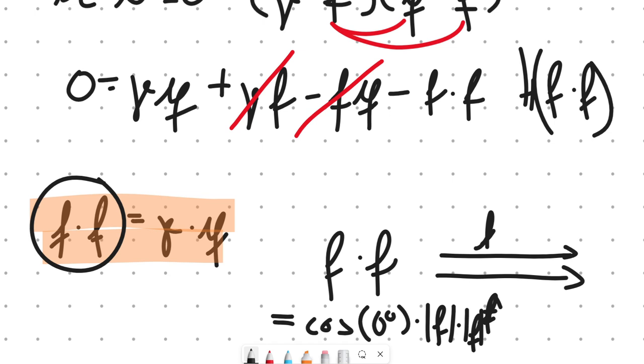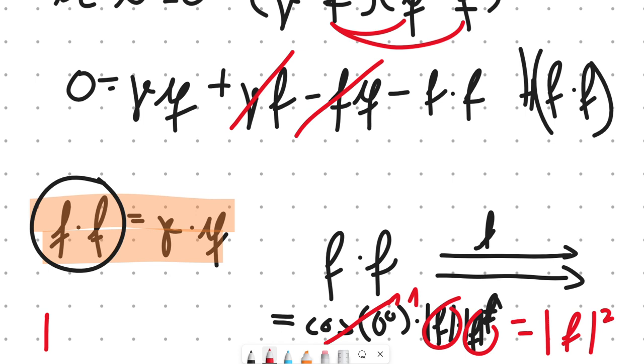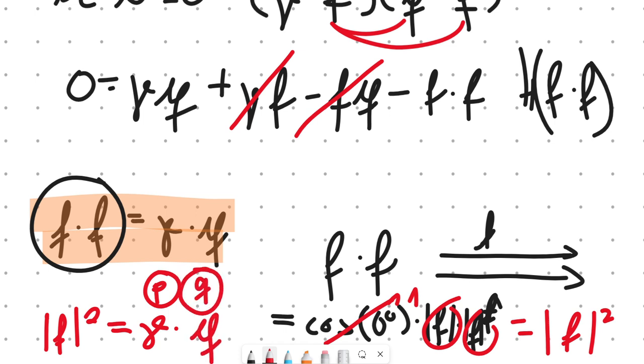Cosine of 0 is 1. So we get 1 times this, which would mean we have the square of the length. So the square of the length is equal to the length of the first, so P, I hope it's P, and the other, gamma 2, is going to be Q. And as you see, the length of F is h, so we have h squared is P times Q.